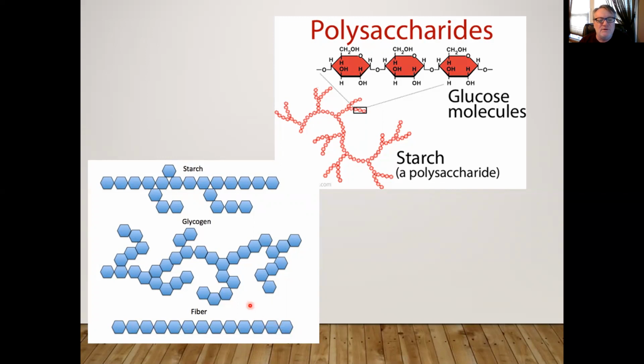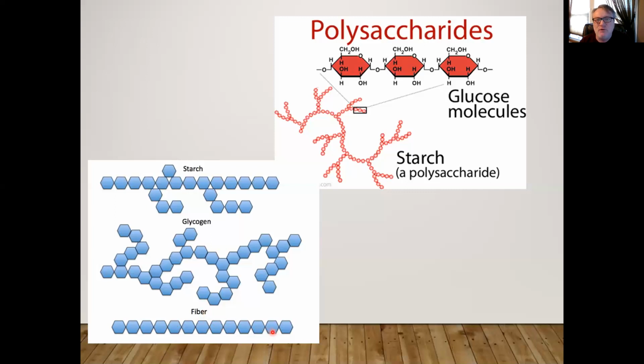As humans, and generally all animals, we have enzymes that can work on starch and break it down into individual glucose molecules. We have enzymes that can work on glycogen and break it down into individual glucose molecules. But animals do not possess the enzyme that would be able to break the fiber polysaccharide down.